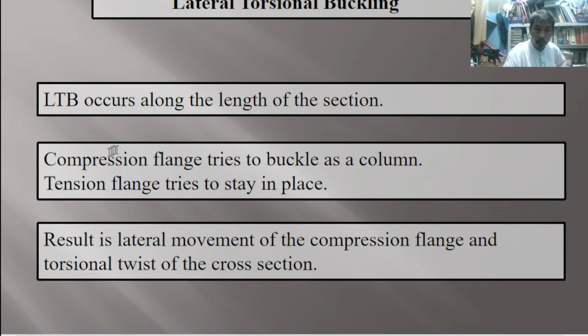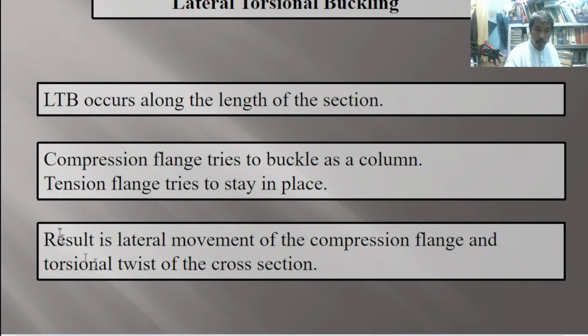Along the length. So we are assuming it is present in each of the cross sections. Compression flange tries to buckle as a column. Tension flange tries to stay in place. Because it is a beam, there is a portion with tensional influence, and there is a portion with compression influence.